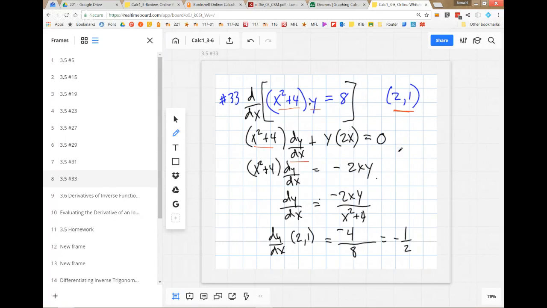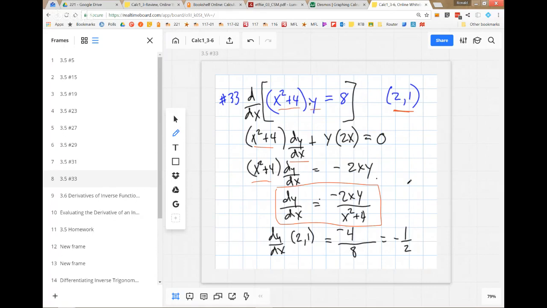Now we got to do the algebra to get dy dx by itself. So step 1, subtract the 2xy from both sides. Step 2, divide both sides by x squared plus 4. And there it is, our general derivative: negative 2xy over x squared plus 4.